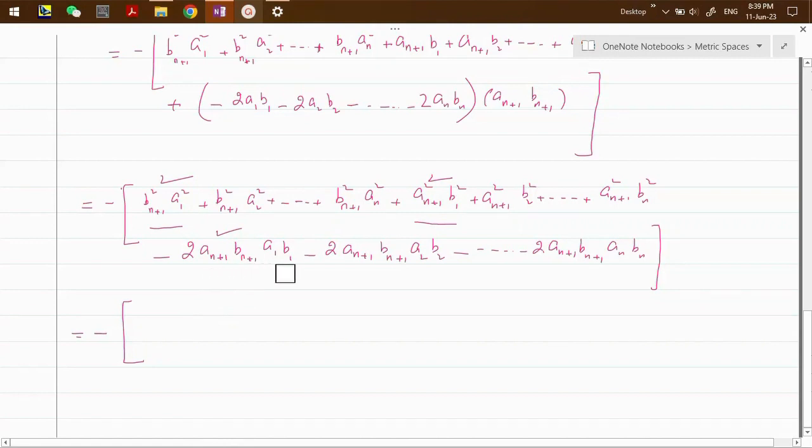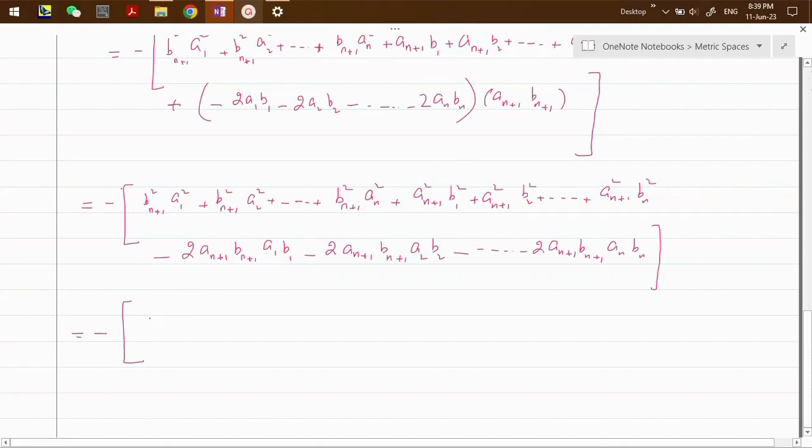And see here, I would write again this term and this one, they will make a complete square.